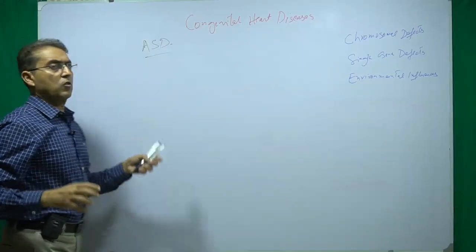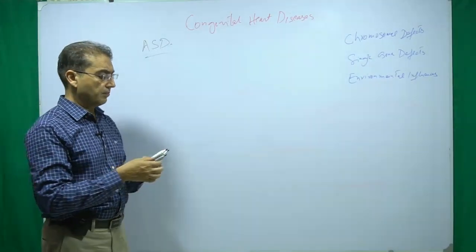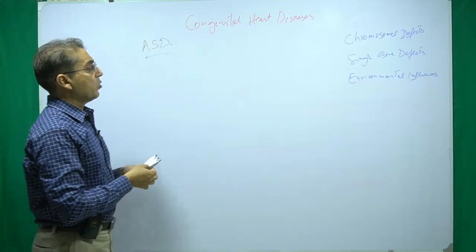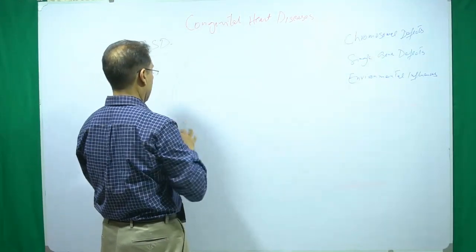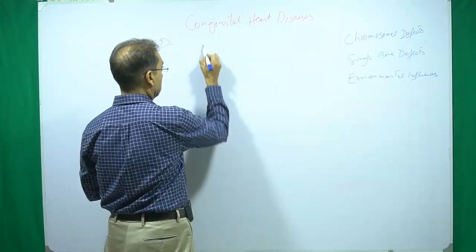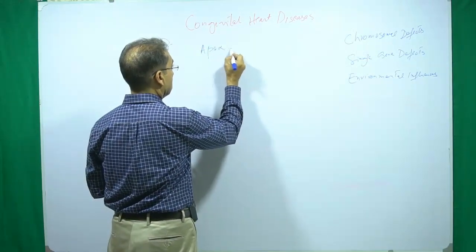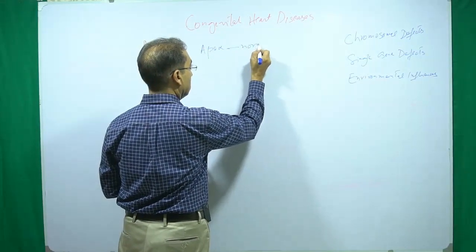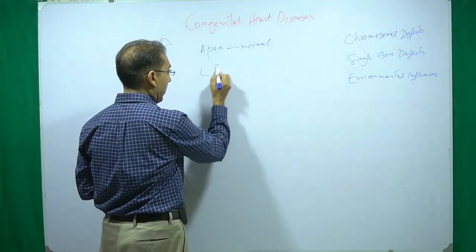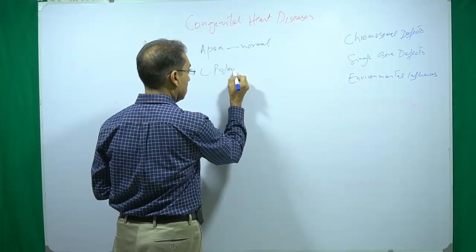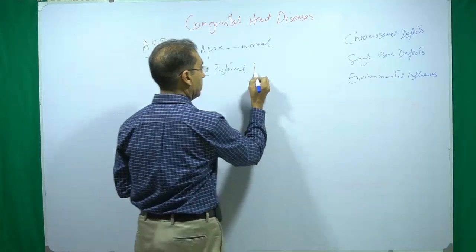Now we see what we find on examination. The precordial examination reveals that the apex is in normal place. There is a left parasternal heave.